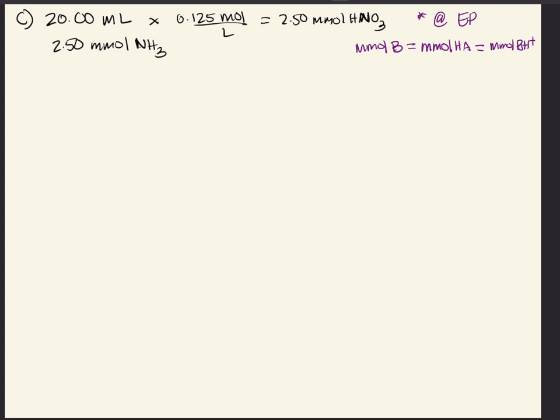So what that means is I know that I am going to have 2.50 millimoles of my ammonium. And keep in mind, all that comes from is the neutralization reaction.